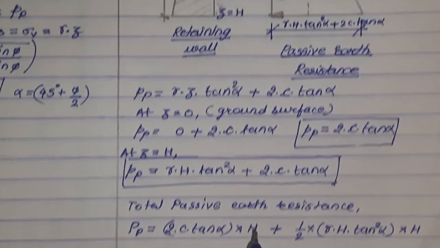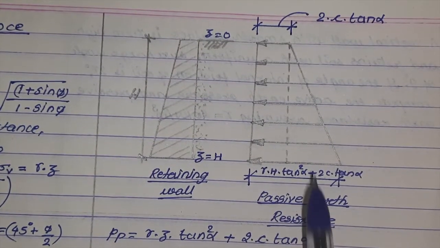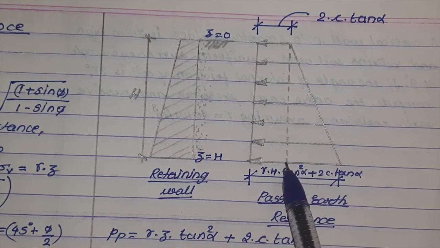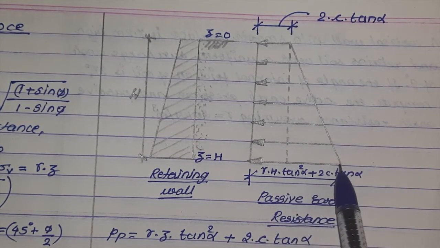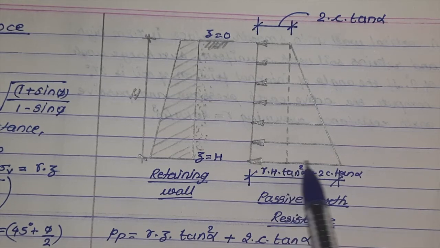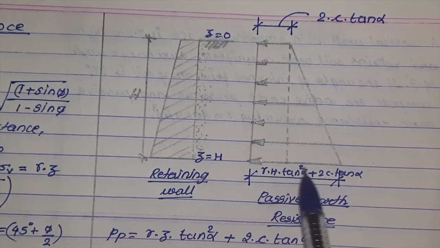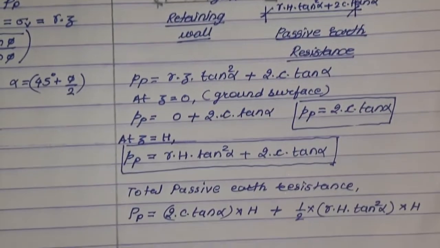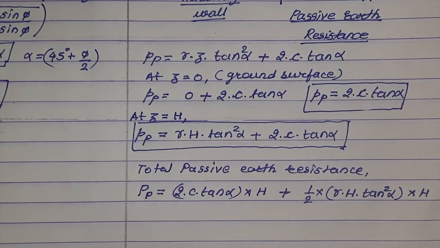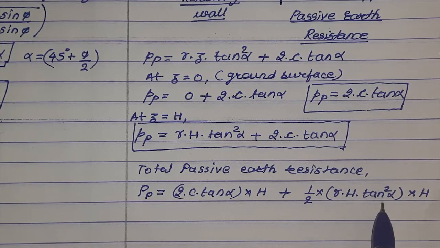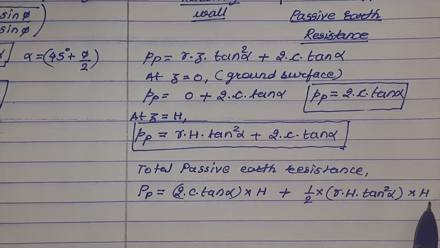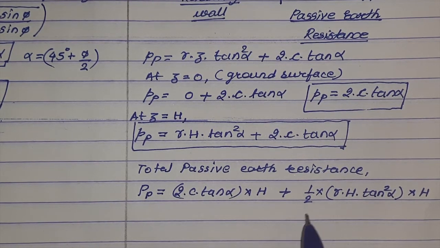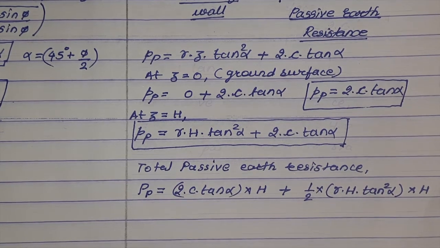Now, the remaining part of this trapezium would be gamma h tan square alpha, that means the base of the triangle, this much portion. Hence, the area of this triangle would be half base multiplied by height. So the formula becomes half gamma h tan square alpha multiplied by h. Solving this, we will get the total passive earth resistance.